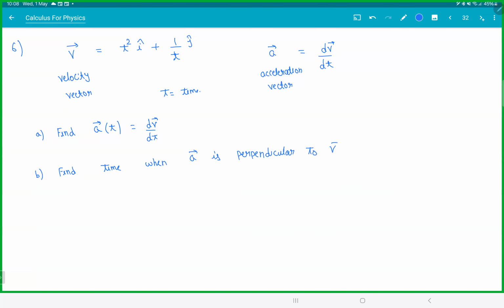Let's get this. So first just differentiate once. That will give you a bar.